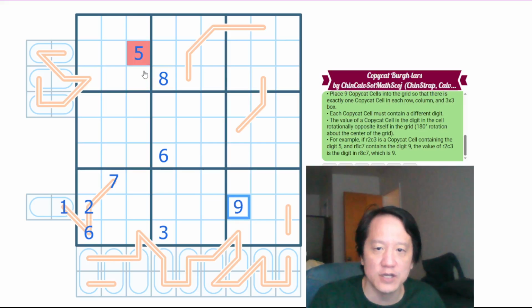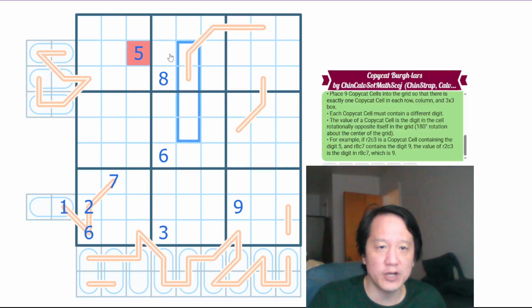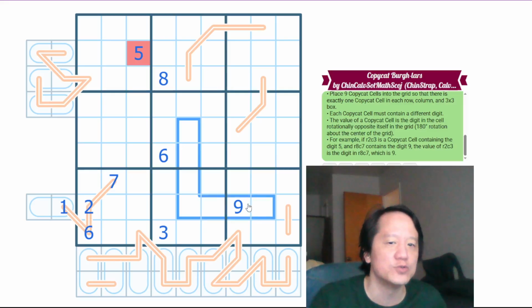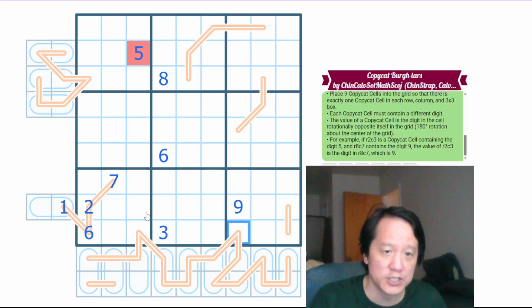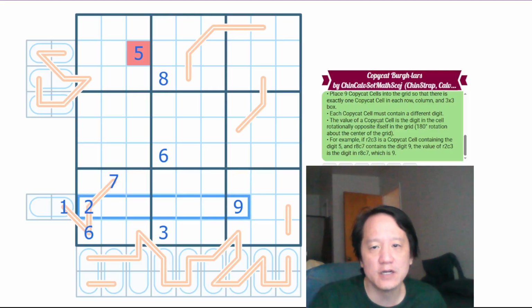The 180-degree rotationally opposite cell around the center. So you figure that out by going 3 up here and 2 down, 2 to the left this way. That's rotationally opposite of 3 down this way and 2 right this way, which would be that cell there. So if this were a copycat cell, this would have a value of 9, which is the digit that's in row 8, column 7.